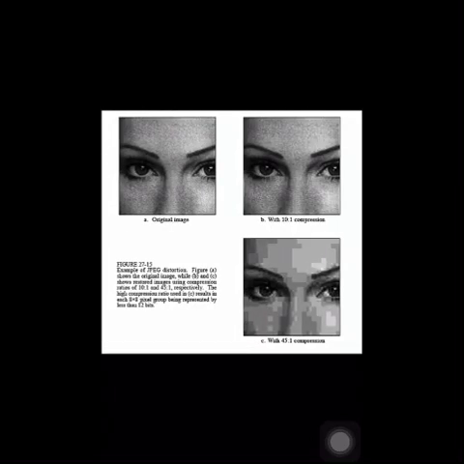Rather than transmitting so many bits, the coding result 0, 9 means 0 has to be transmitted 9 times, 1 has to be transmitted 4 times, and 0 has to be transmitted 4 times. So this is your run length encoding, right?